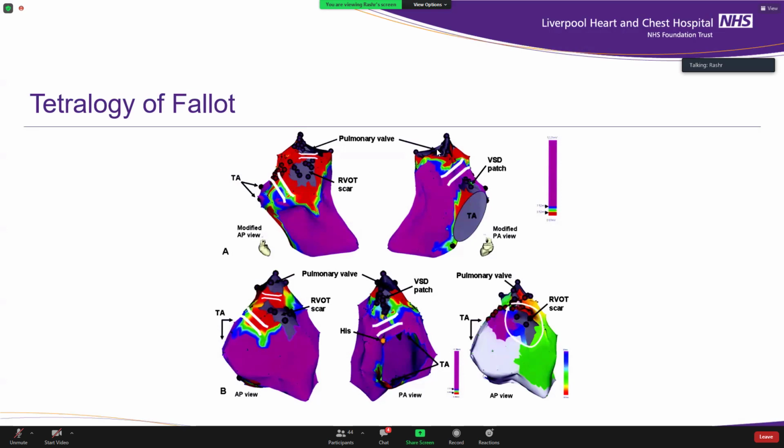I didn't think it was that interesting to talk through atrial ablation in Tetralogy of Fallot, but what I find the most challenging work in them is VT ablation.